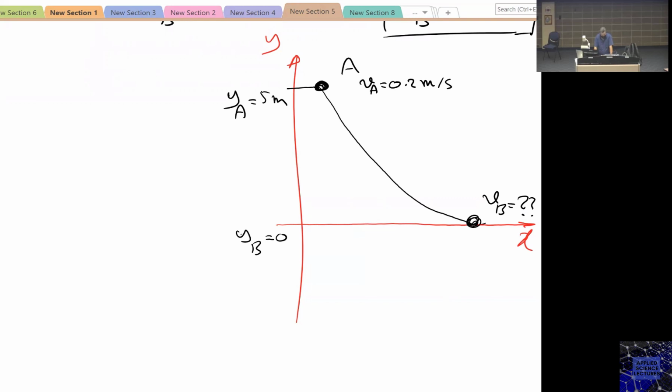So if I am to apply the conservation of energy, I have EPA plus EKA equals EPB plus EKB.